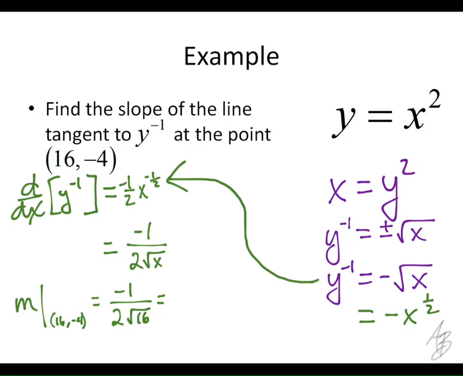So this is a point on the inverse, and since we took the derivative of the inverse, we're going to put the x value in from the inverse to figure out what the slope is there. And 2 times the square root of 16 is 8. So the slope of the tangent line to the inverse at the point 16, negative 4 is going to be negative 1/8. Okay, everybody good with what we did there? Is there anything we did there that you wouldn't have been able to do already?